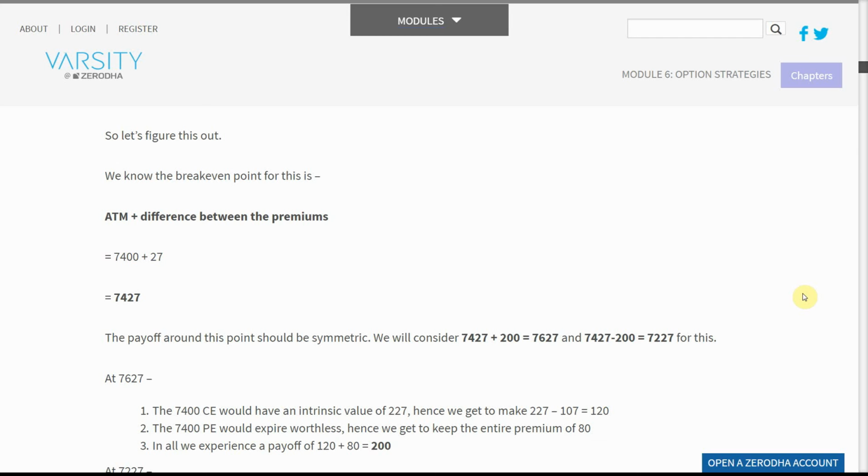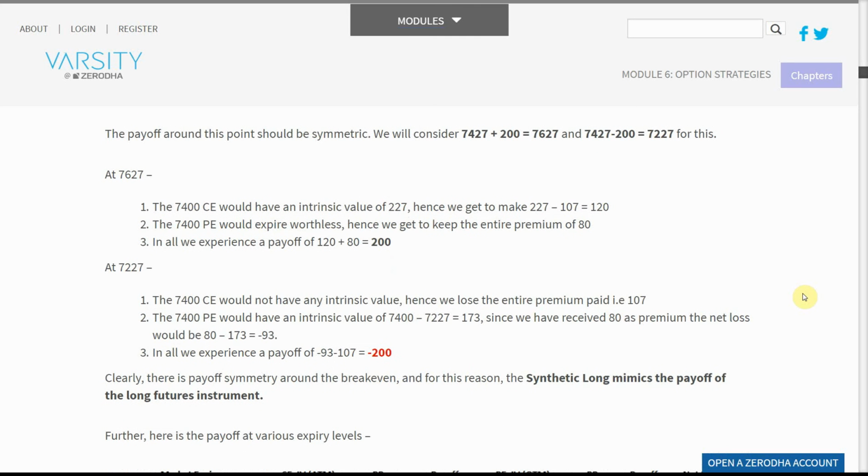The payoff around this point should be symmetric. We will consider 7,427 plus 200 equals 7,627, and 7,427 minus 200 equals 7,227.